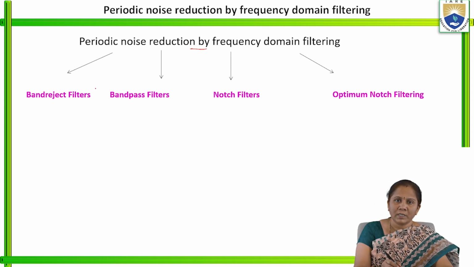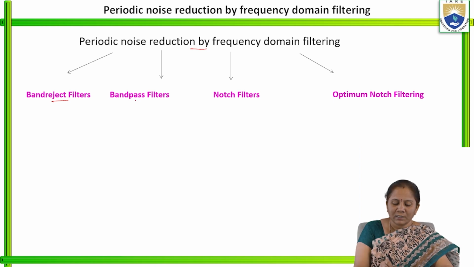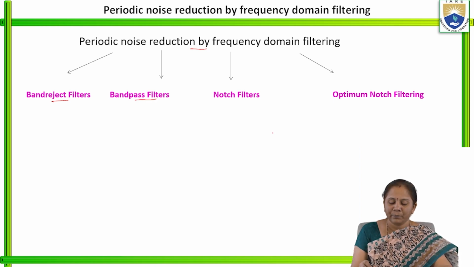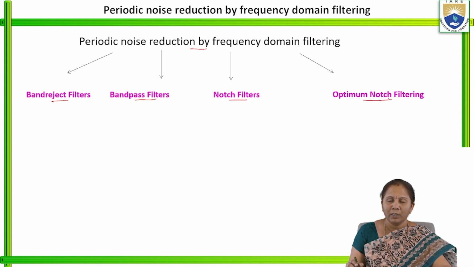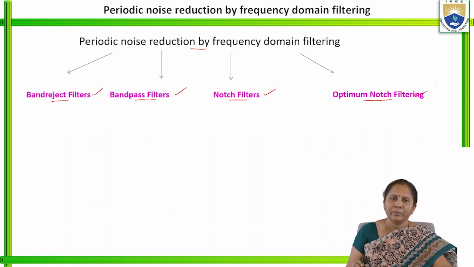The types are the band reject filter, the band pass filter, the notch filter, and optimum notch filtering. In this session, we are going to discuss all these filters.